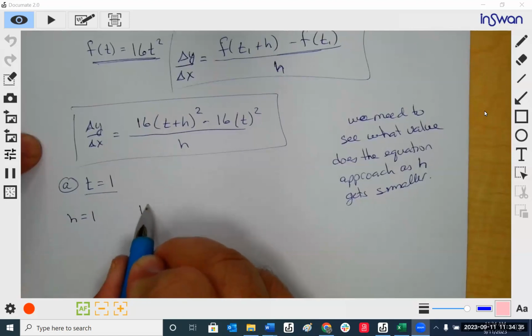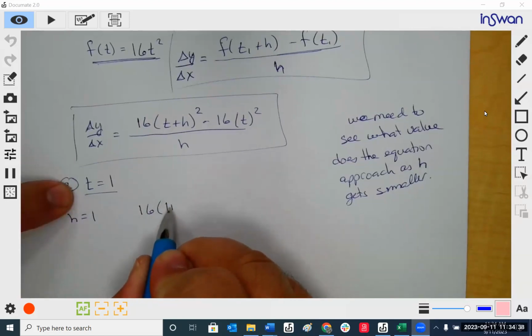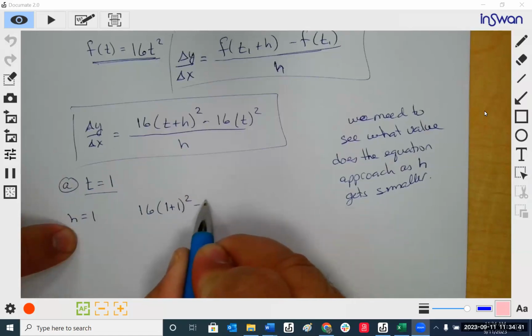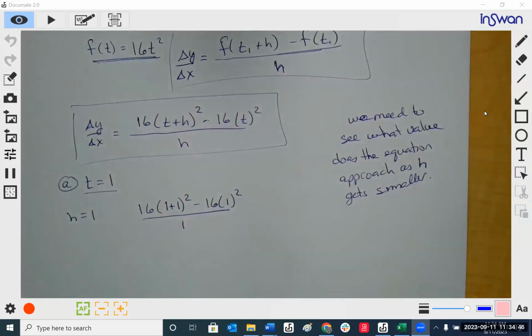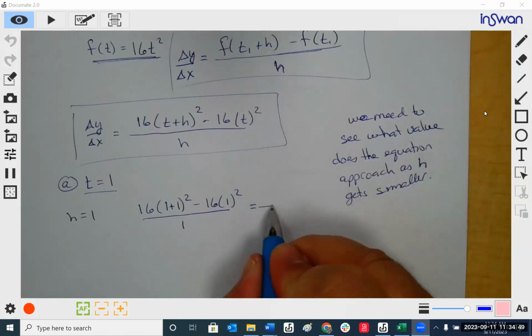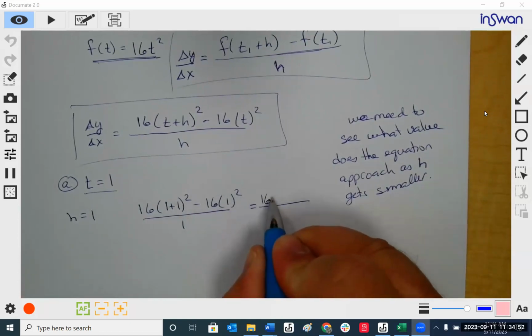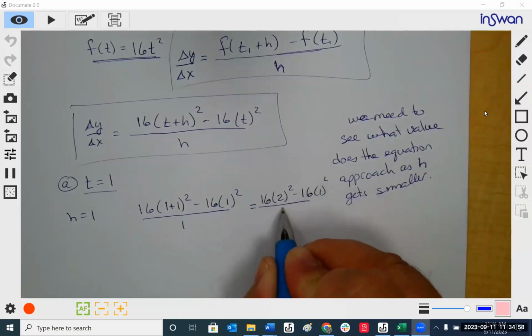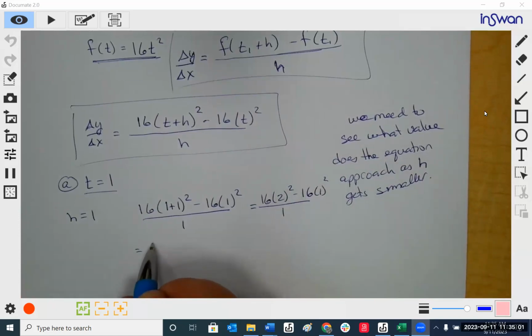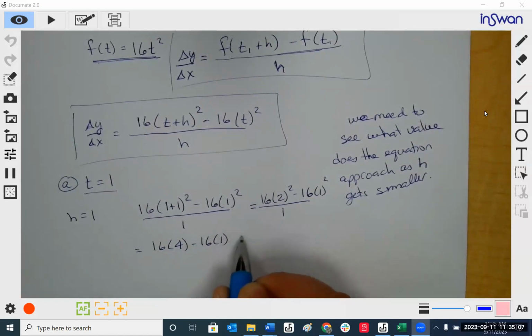So we have 16, t is 1, h is 1. One plus one is 2. So we have 16 times 4 minus 16 times 1. 64 minus 16 is 48.